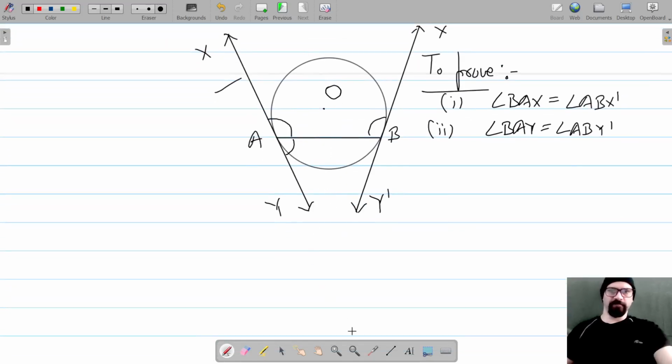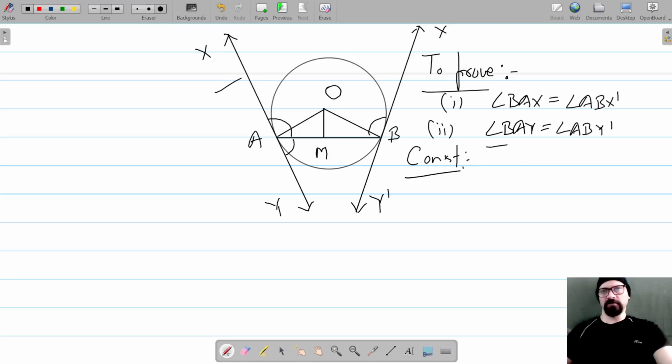So for this, let's join O to A and O to B, and let's draw a perpendicular, and let's say the foot of this perpendicular is M. So I have done a construction here.